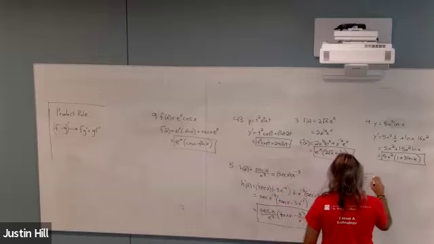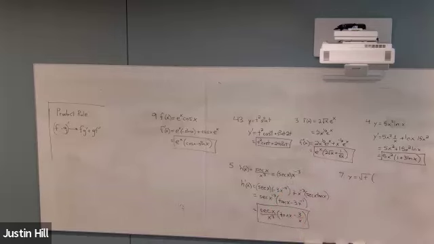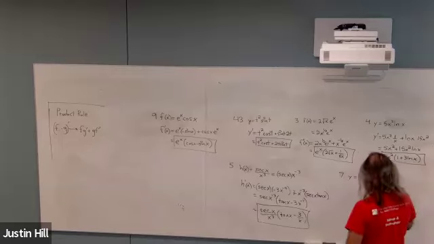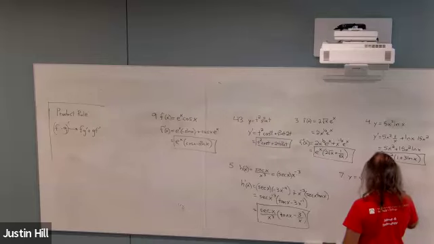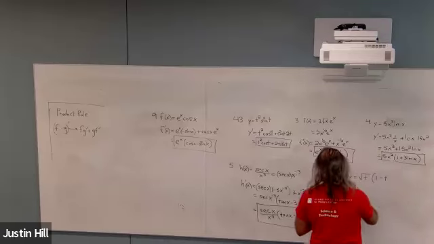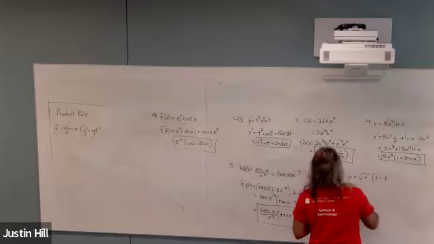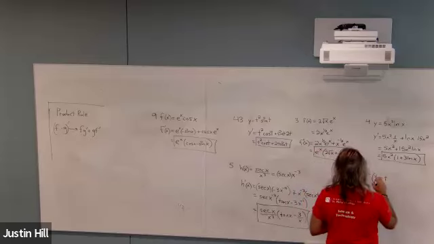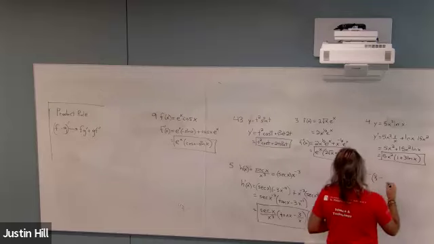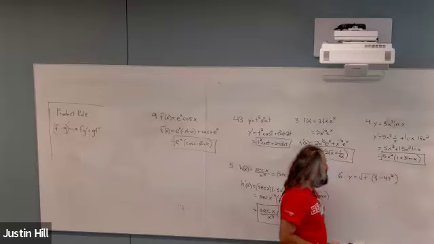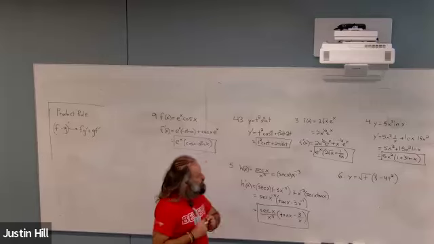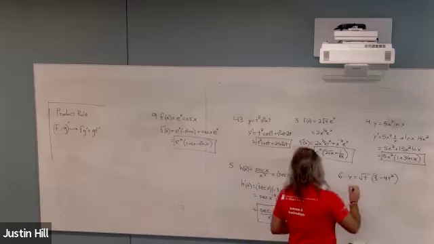This is the square root of t times 3 minus 4t squared, something like that. Let's change the numbers here a little. So you get something like this, and they're going to ask you to find the derivative.